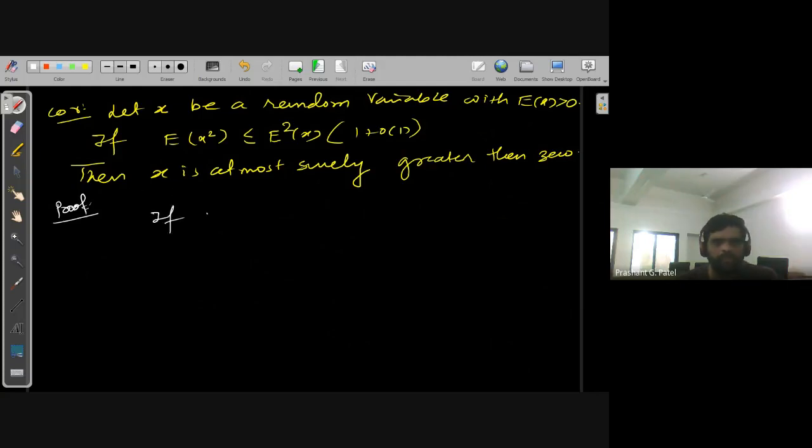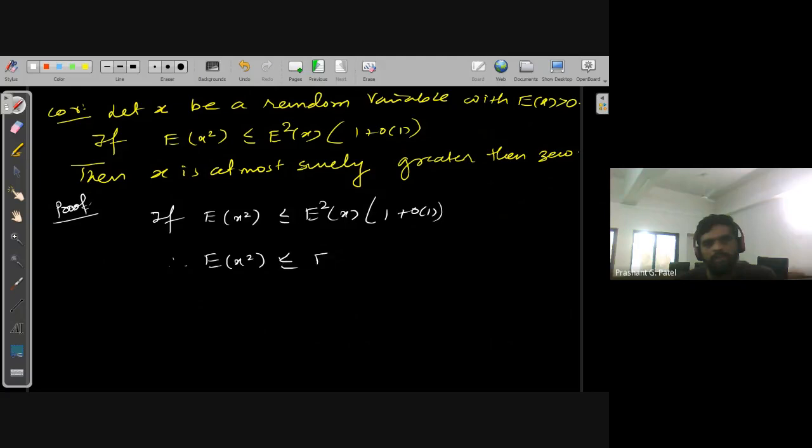Here we have E of X square less than or equal to E square X into 1 plus small o of 1. Therefore this gives me E of X square less than or equal to E square of X plus E square of X into small o of 1.